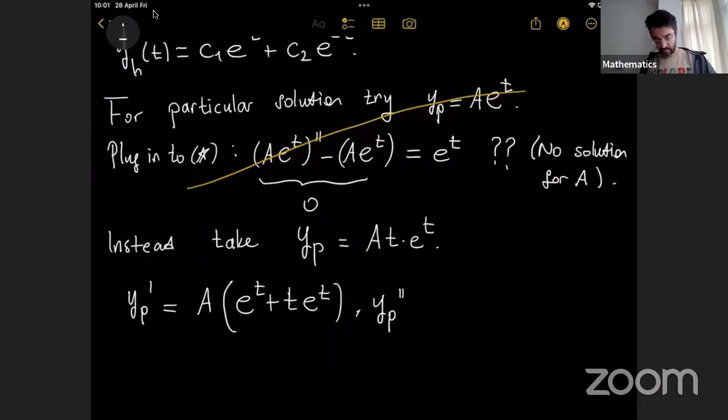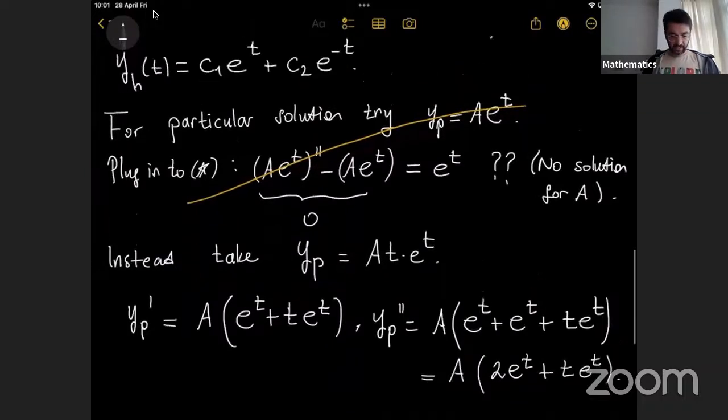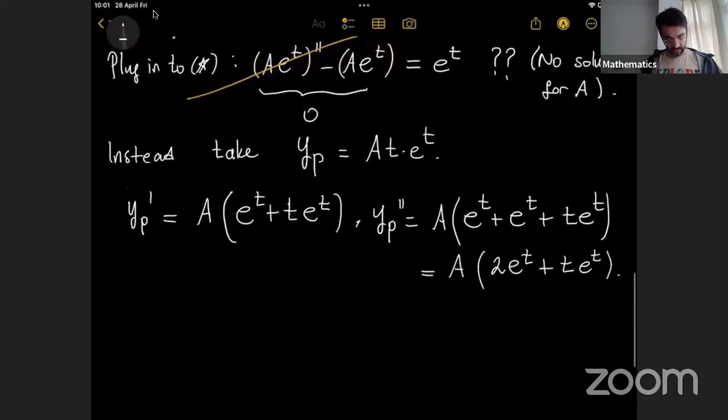It's going to be e to the t plus, well, again, e to the t plus t times e to the t. Or simply you can write this as a times 2e to the t plus t e to the t. Now let's plug this into the equation. Plug into star.